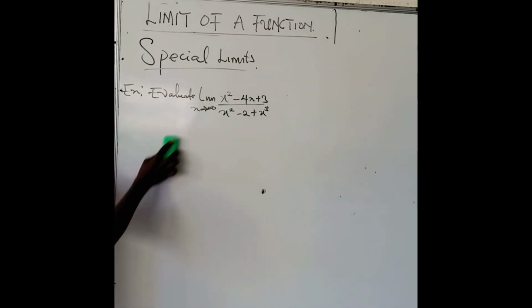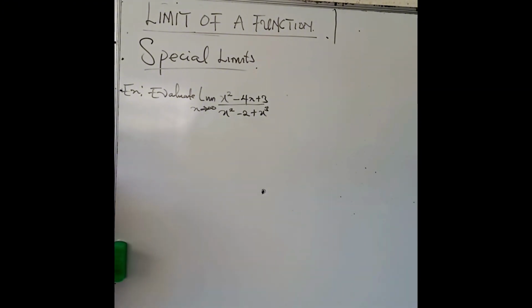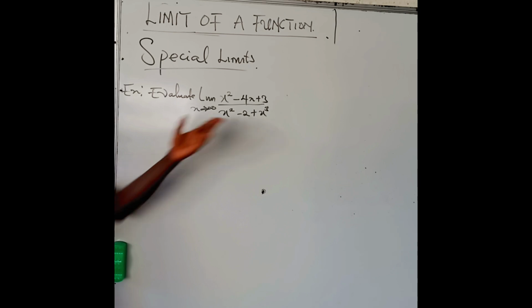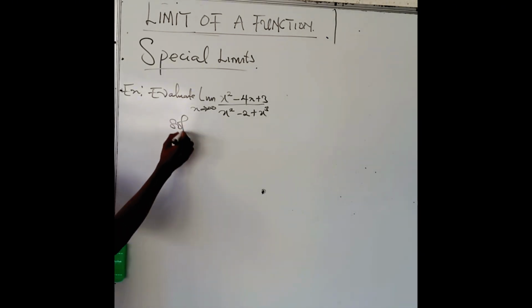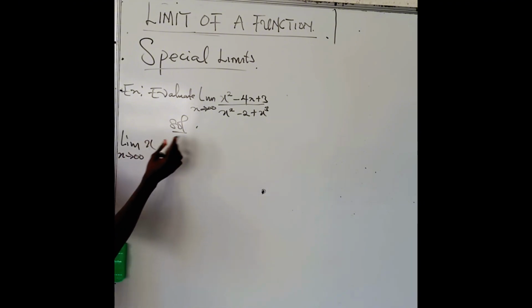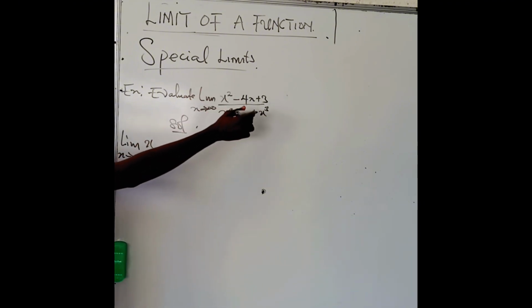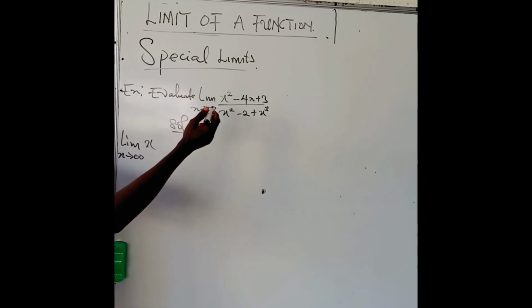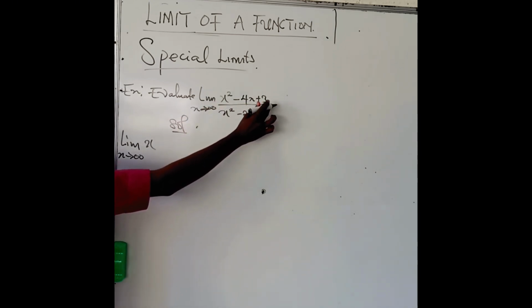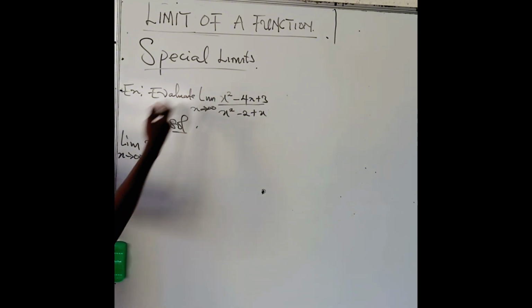So the first thing you are going to do is divide by the highest power of s in both the numerator and the denominator. What does that mean? It means the limit as s approaches infinity, where the highest power of s here is s squared.